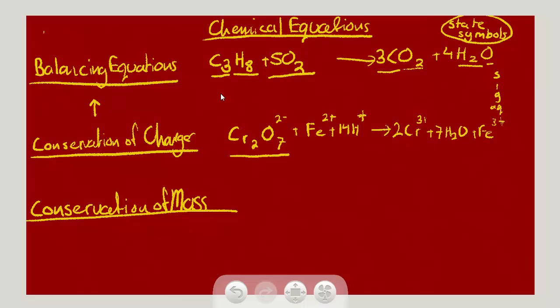So to make that completely correct, we would have to make it 6 Fe and 6 Fe3. Now when you add up everything, this would become an overall charge of 11, and this one would become an overall charge of 11 as well.